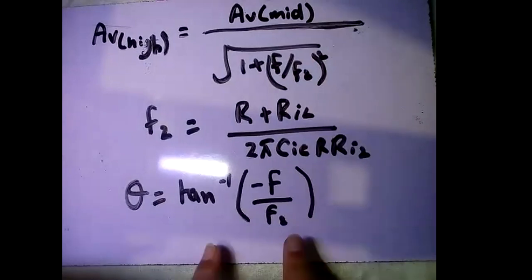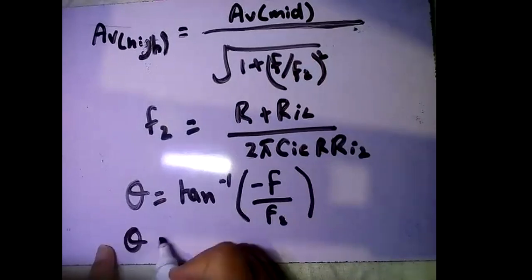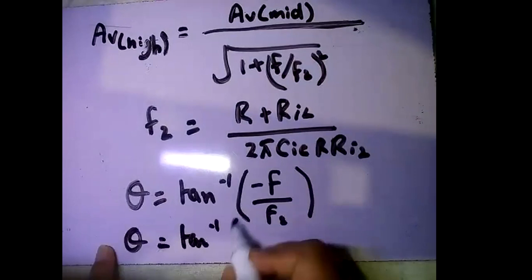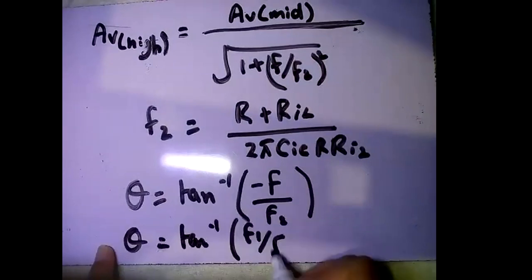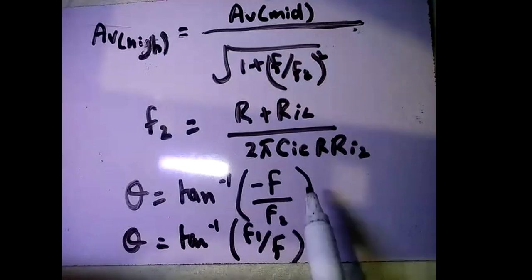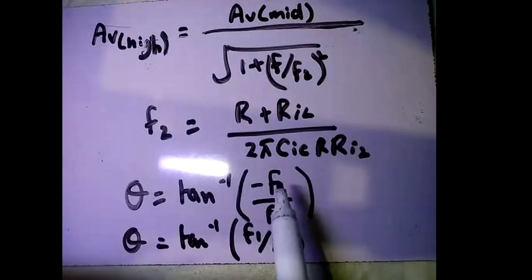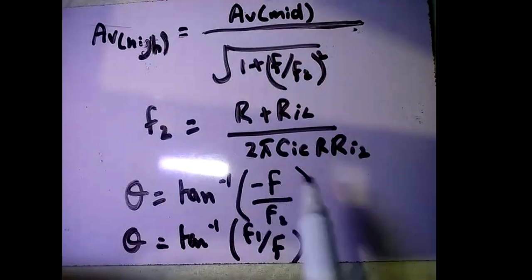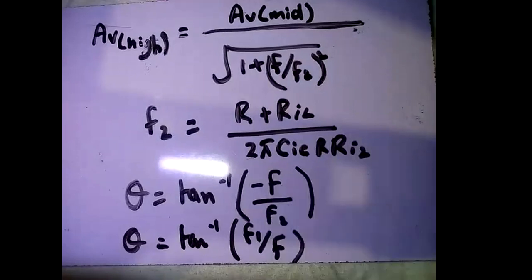For the low frequency response, the phase was equivalent to f1 over f. So in contrast to the high frequency response, the ratio for the phase angle is opposite to that. So this was the high frequency response gain and the phase angle.